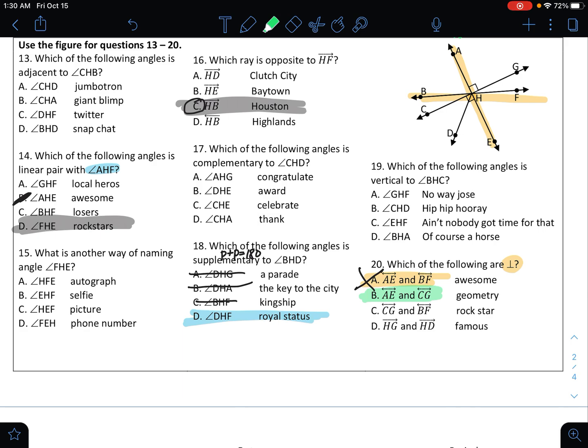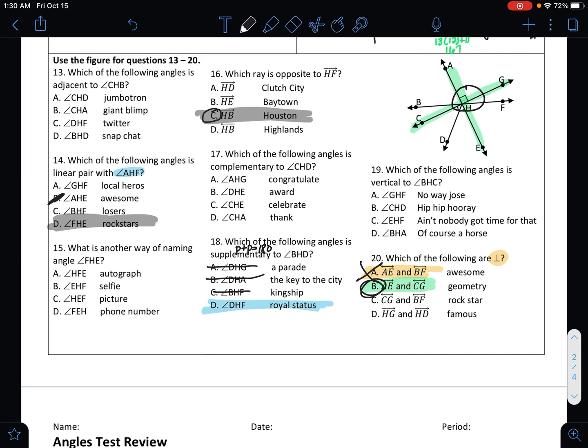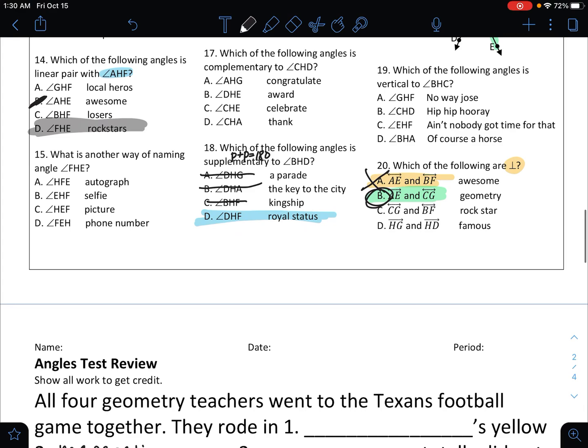All right, let's look at AE and CG. AE is still right here, CG is right here. Yes, these are perpendicular because there's a right angle in the corner. So I'm going to go ahead and circle that. For number 20, go ahead and write geometry.